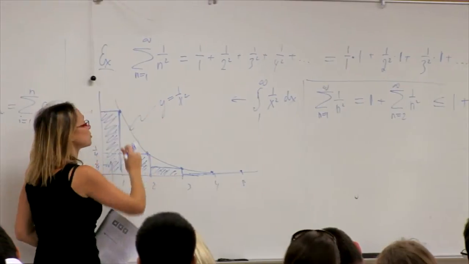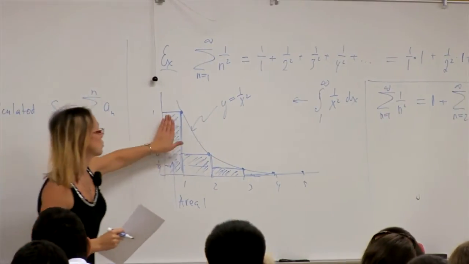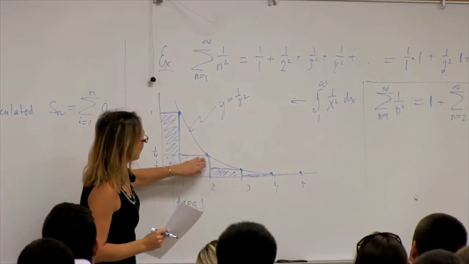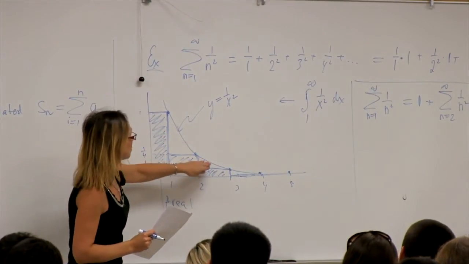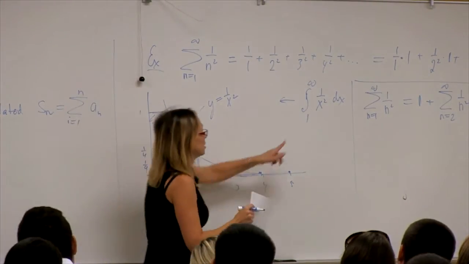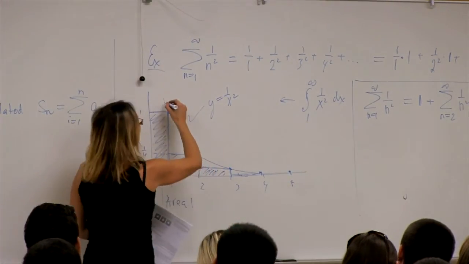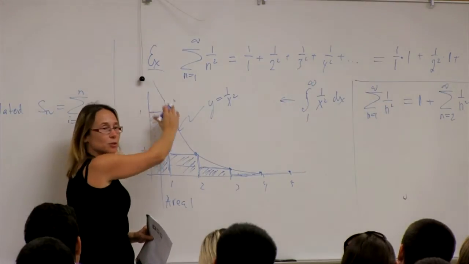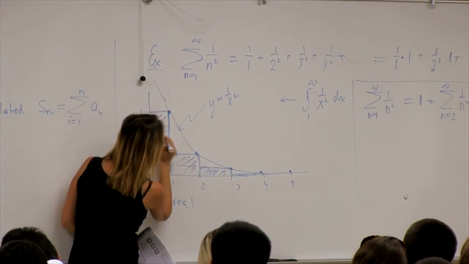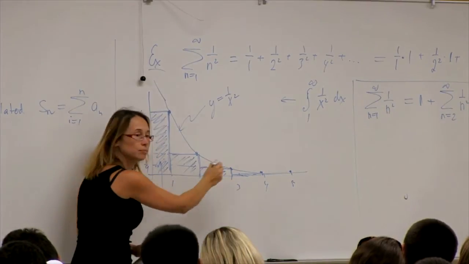The desired infinite sum is 1 plus the rest of them, 2, 3, 4, and so on. And that's completely contained underneath this curve. Why did I have to split off the first one? Because my function has a bit of a problem at 0, right? So I don't want to deal with this function in this region. So I just consider this separately and start integrating from here. Okay?